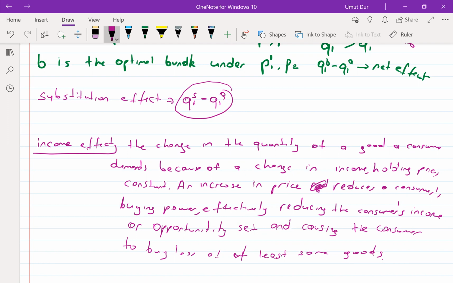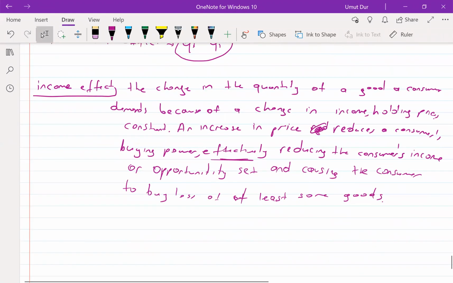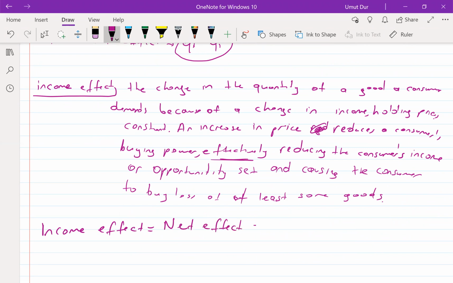Okay, and we are basically saying that there is a change in the effective income. Okay, so here the effective change is income. And the income effect, mathematically, is the difference between the net effect and the substitution effect.